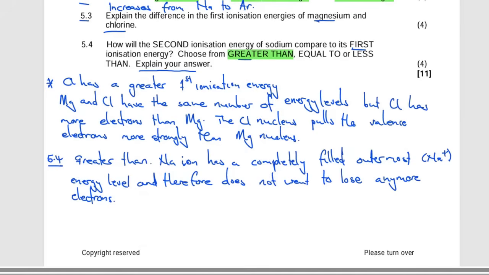Now I'm going to say, as a conclusion, the second electron to be removed. What happens to it? The second electron to be removed is now closer to the nucleus, right?